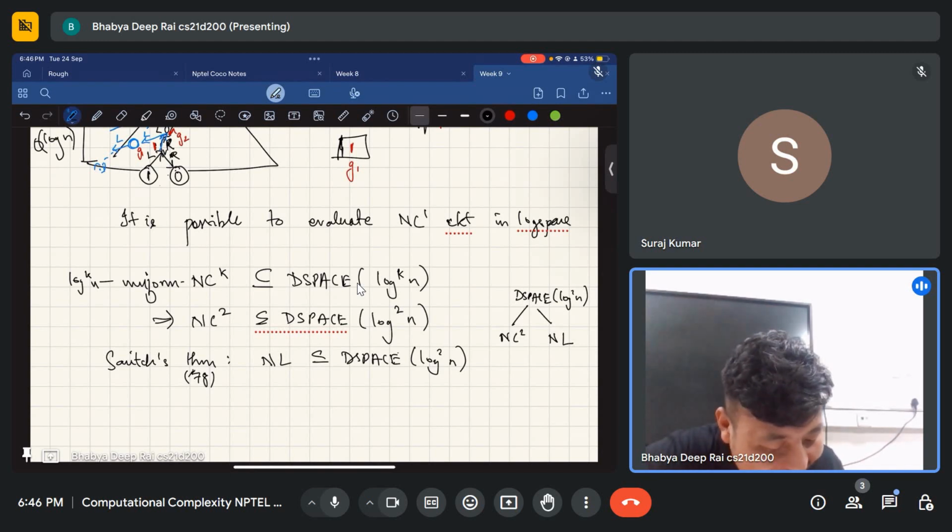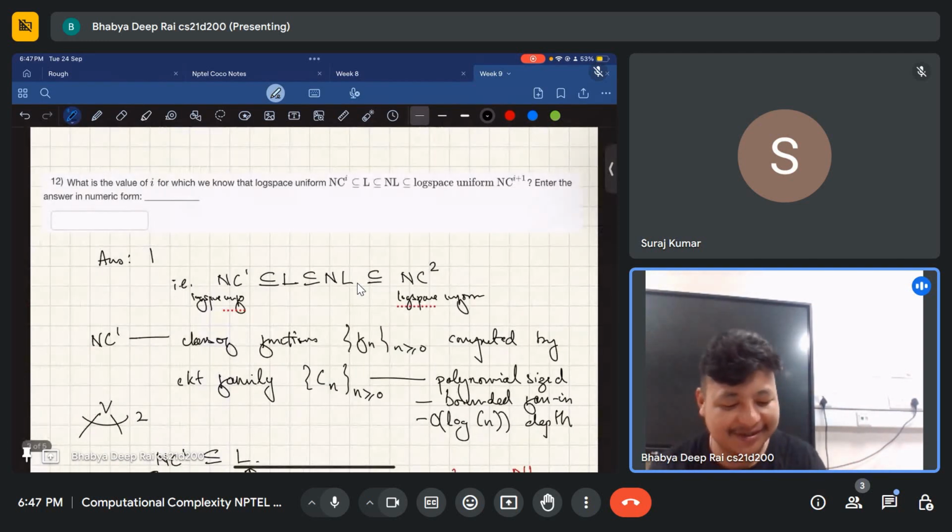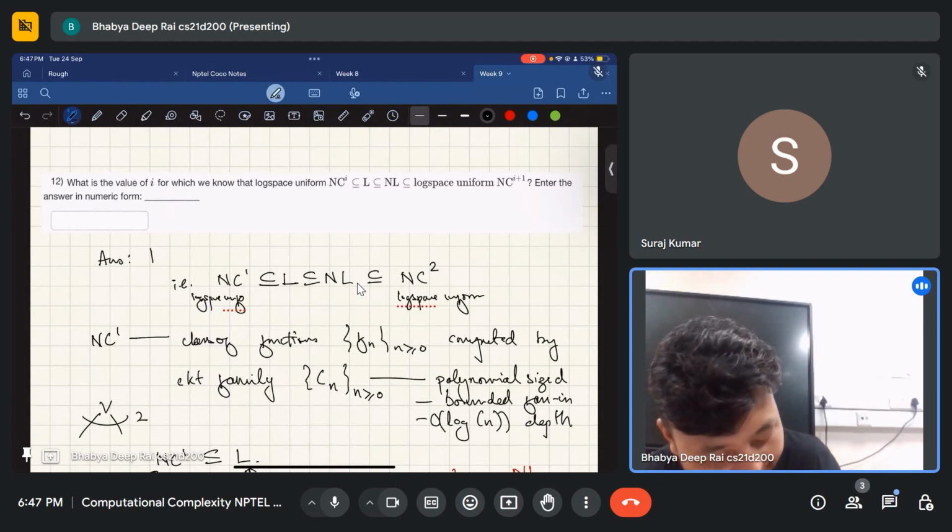So the question is, what is the connection between these two, NC2 and NL? This is the question, and this is what this assignment question is asking: that actually NC2 contains NL.